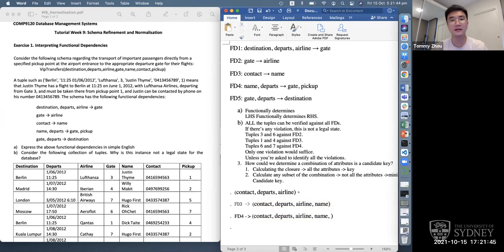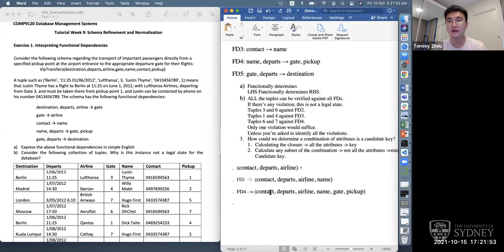What is it? Gate and pickup. How many attributes do we have now? 1, 2, 3, 4, 5, 6. So next, the last one. Which one is missing? Destination. So the last one we can apply here is FD5. That helps us get all those attributes.